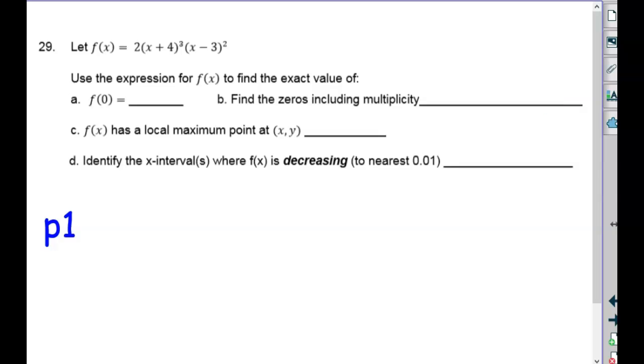Okay. If I put a 0 in here, I'll have 2 times negative 4 to the third times negative 3 squared, which would be 2, I'm just going to go ahead and type this in as a graph anyway, 2x plus 4 quantity to the third times x minus 3 quantity squared.